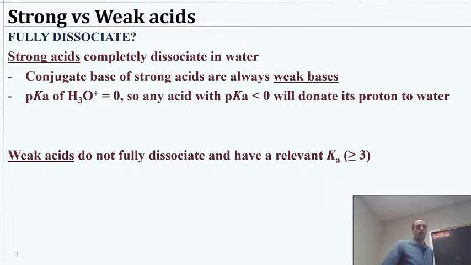Okay, so another definition about acidity is whether we call it a strong acid or a strong base, or whether it's weak. We're not really talking about strength in the normal sense. I already mentioned this, but we're basically defining it as whether or not we expect it to pretty much completely dissociate, going into its separate parts.